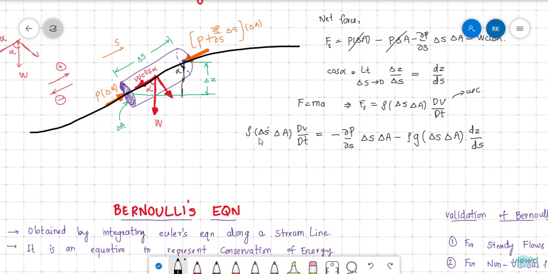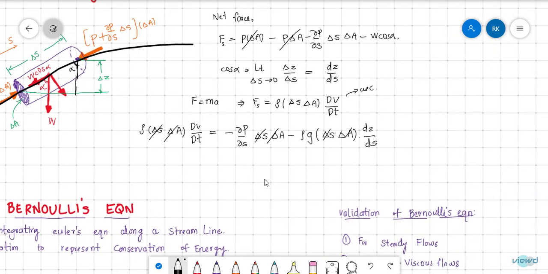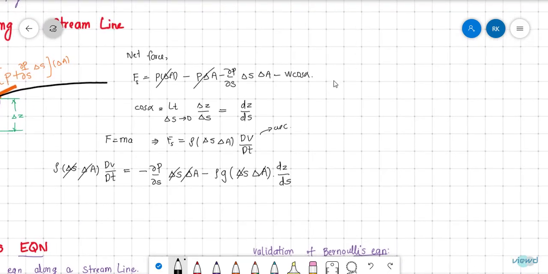So from this, delta S delta A gets cancelled on both sides. So here we can write rho Dv by Dt is equal to minus dou P by dou S minus rho g into dz by ds. And also, taking rho to this side, Dv by Dt is equal to minus 1 by rho dou P by dou S minus g into dz by ds.